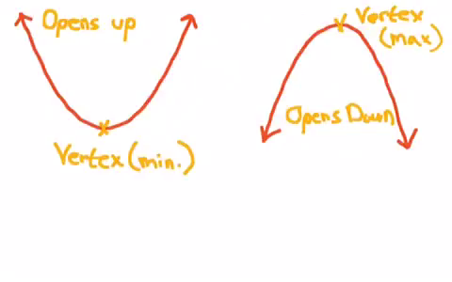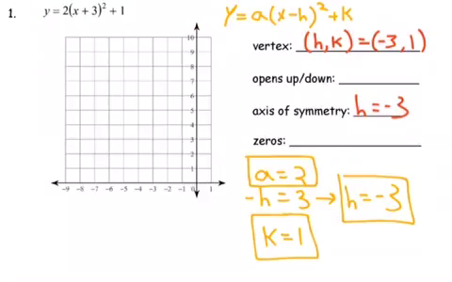So the first thing you want to do is go back to your graph. When we're going to graph functions that are in vertex form, the first thing that you want to do is make a point where your vertex is. Now, if you remember, you guys have probably done this before, our -3, the first number inside our parentheses here, tells us what the x value of our vertex is. So here, our x value is -3.